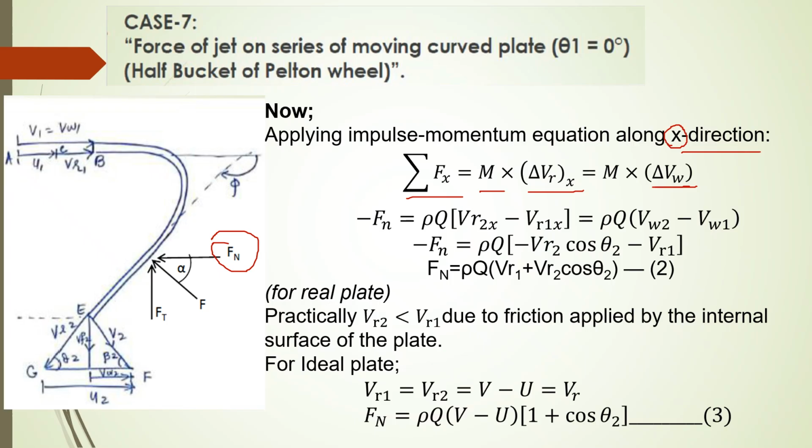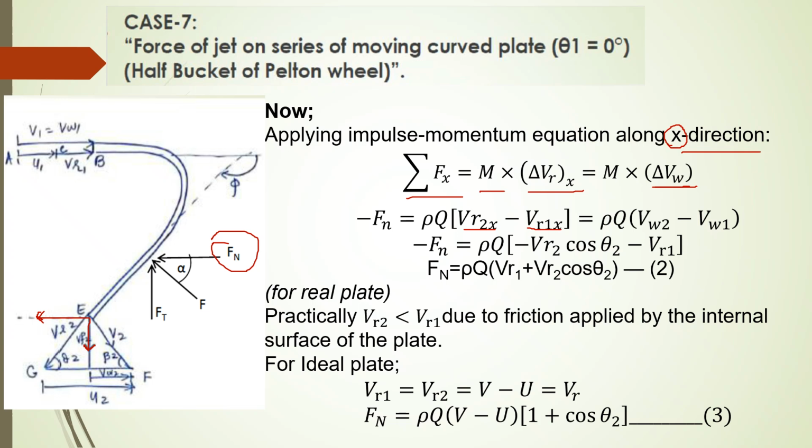So for VR2 as well, we can just resolve this VR2 into both components. This will be coinciding with Vf2. The VR2 will be equal to Vf2, the same as the vertical component of V2. And VR2 cos of theta, the x directional component, will be along this direction. So in terms of relative velocity, you have VR2x and VR1x, the change of the relative velocities.